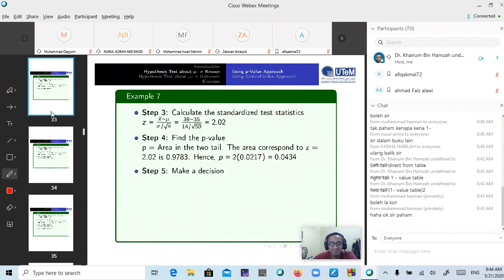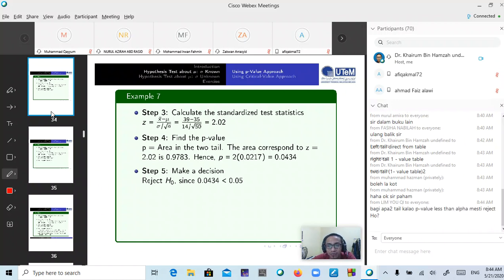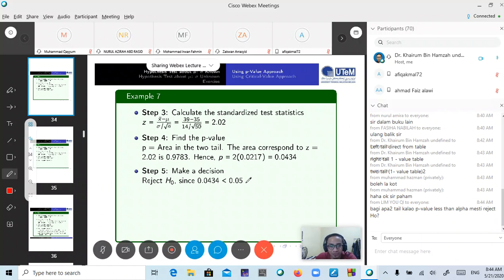Okay, next. Make a decision. Since you already get the value of P, so awak bolehlah buat make decision. Ingat, P, you kena compare dengan value of alpha. Okay. Since your P equal to 0.0434, so less than 0.05.